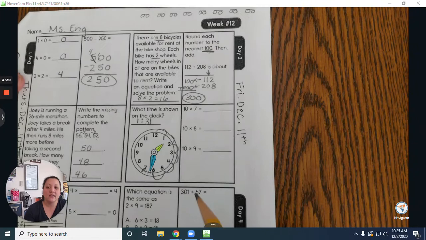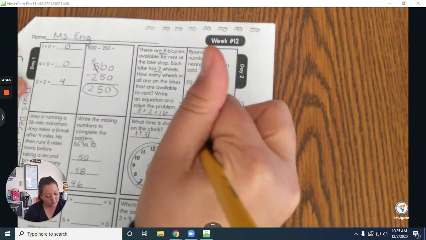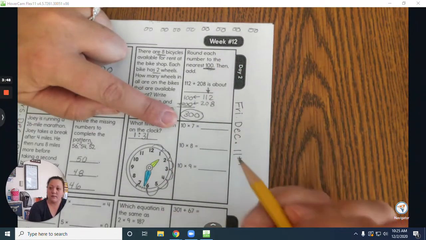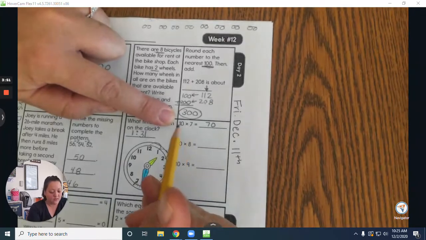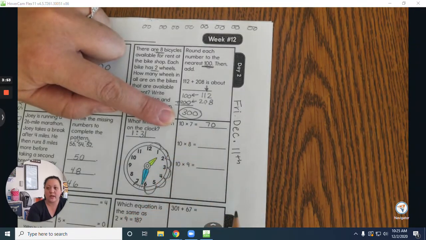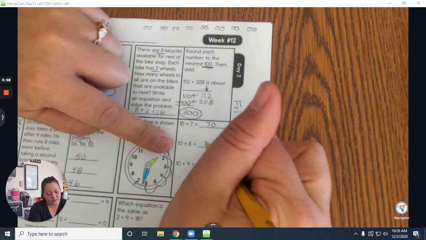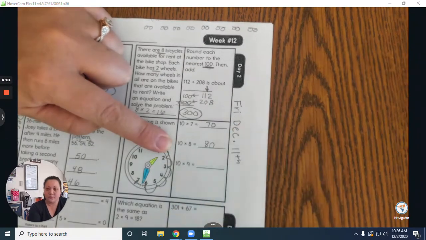Okay, now watch this. If you have 7 groups of 10, whenever you have 10 times 7, it just becomes 70. So the 7 times 1 and then you add a 0. So 8 times 10 or 10 times 8, you just take the 8 and you add a 0.